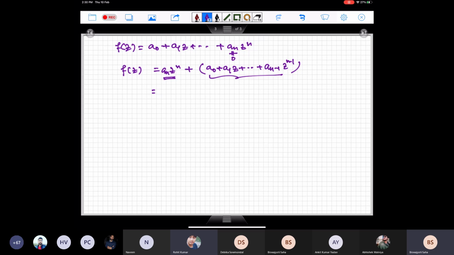No matter what the sign of the other part is, this term is going to dominate, and therefore mod of f of z goes to infinity as mod z tends to infinity.